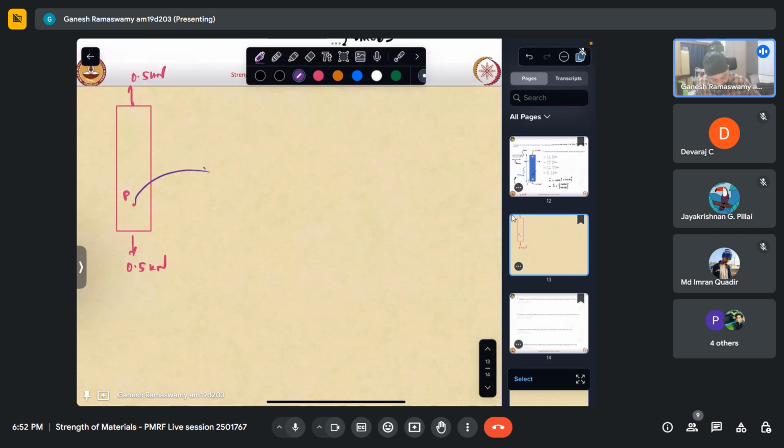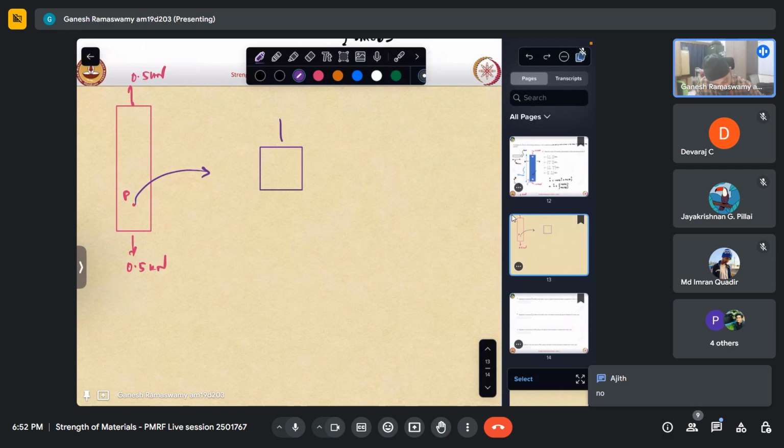Now let me take that point P and blow it up like this. On this, in the x direction, is there any stress acting along this direction? There is no stress acting along this direction. Is there any shear acting? No. So there is no shear acting, but there is a stress acting along this direction.